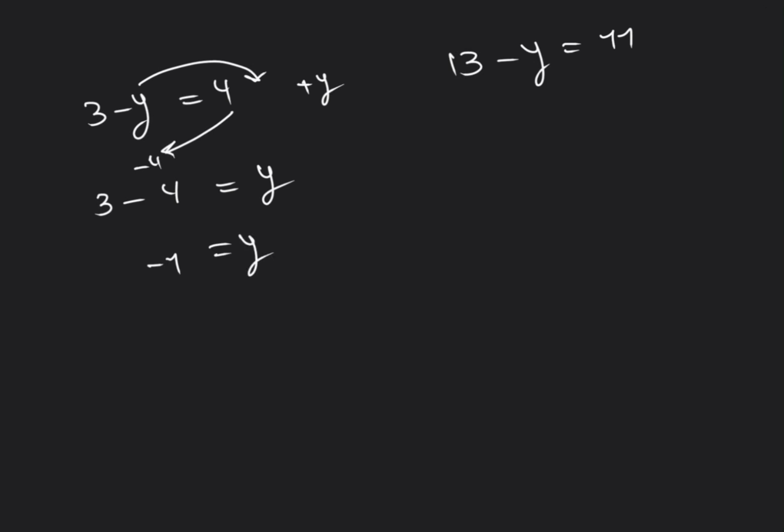Let's go for another example here. First, what we see is the negative y. So what do we do? We move it to the other side, and we bring the 11 here. So it will be 13 minus 11 equals y.